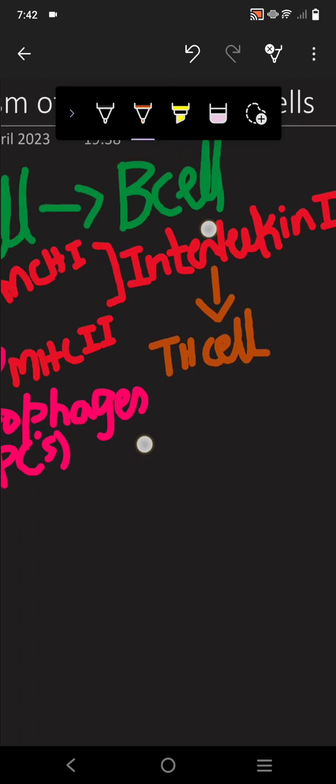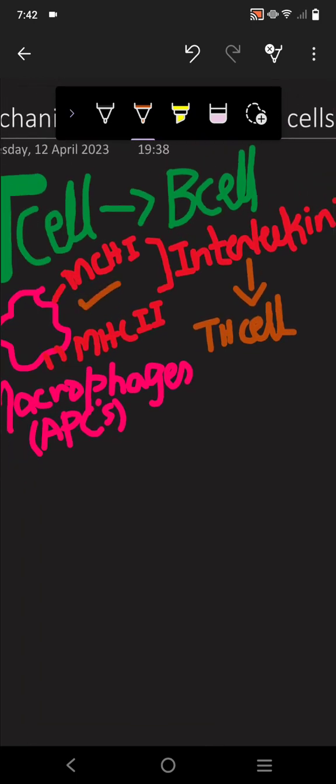So now this macrophage cell will be known as a self non-self complex.